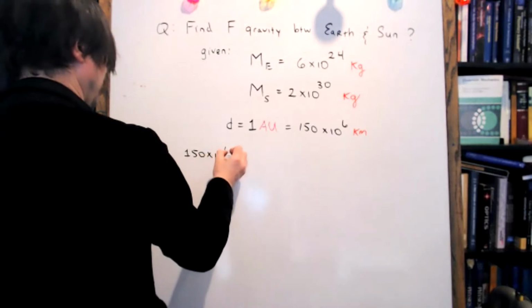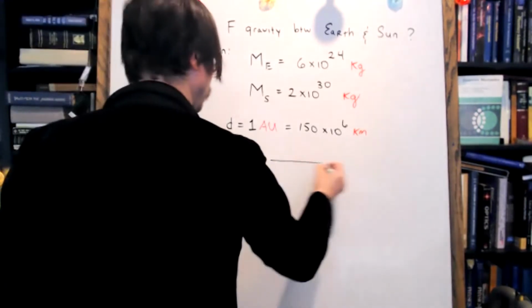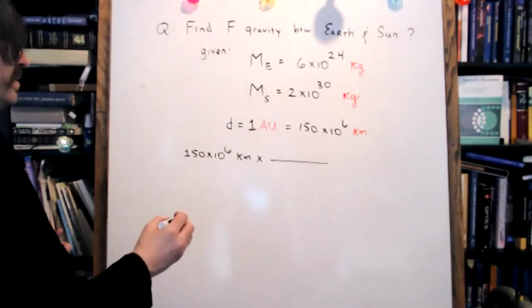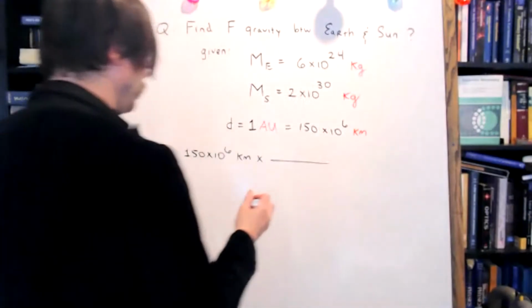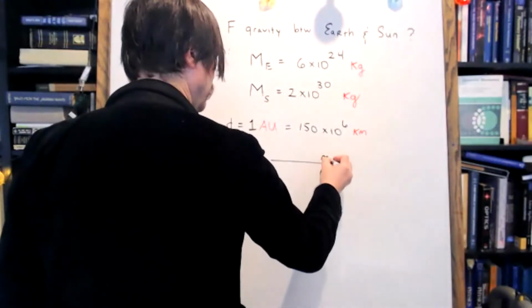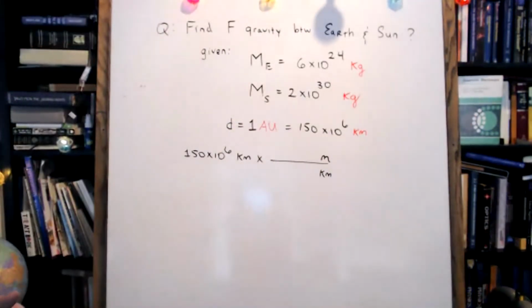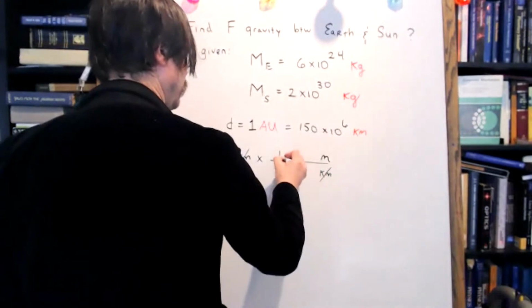Good. You would multiply that by a division bar. Good. You would put the units on top and bottom. So kilometers would be on the bottom and meters on top. And then you would plug in the numbers. So it would be 1 kilometer on the bottom and 1,000 meters on top.